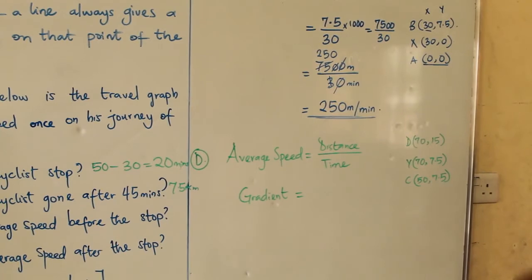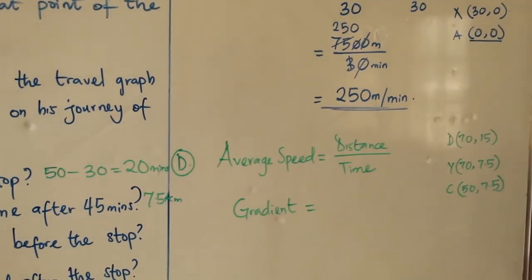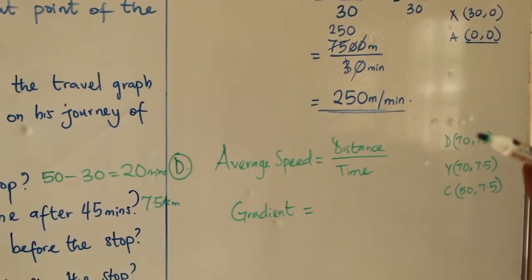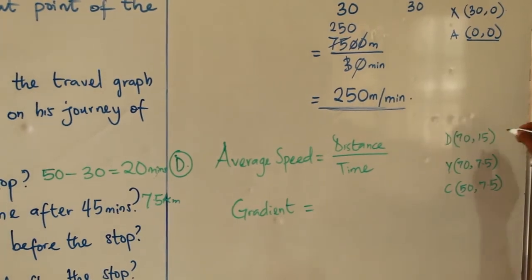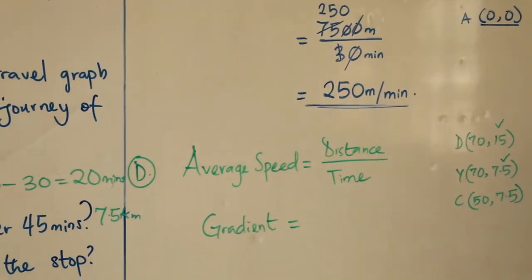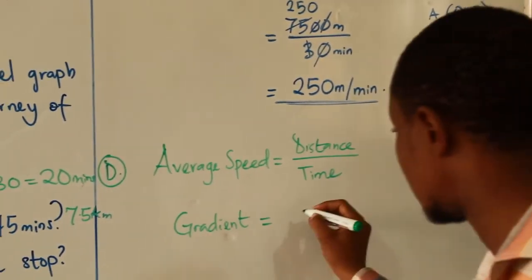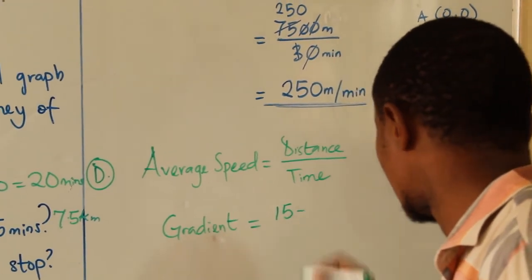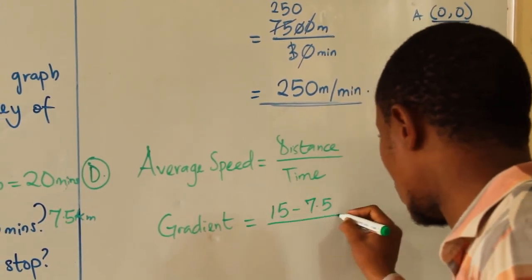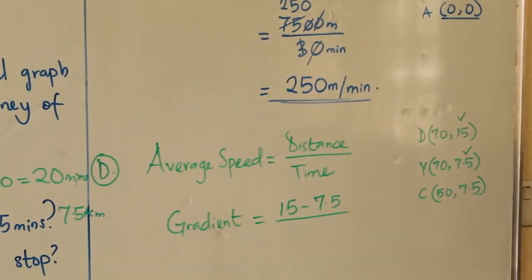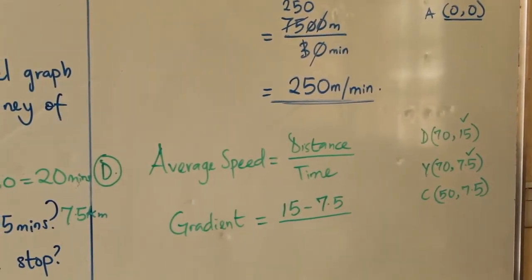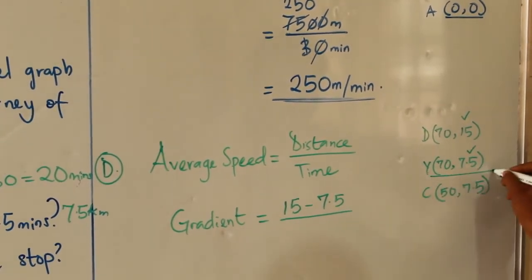So, for the distance, I'm going to pick this. Now, our distance, the highest point is 15. This is the value for y, and this also. Values for y is 15 kilometers minus 7.5 kilometers all over. Now for the x-axis, we know that Y is 70, 7.5, which is this.